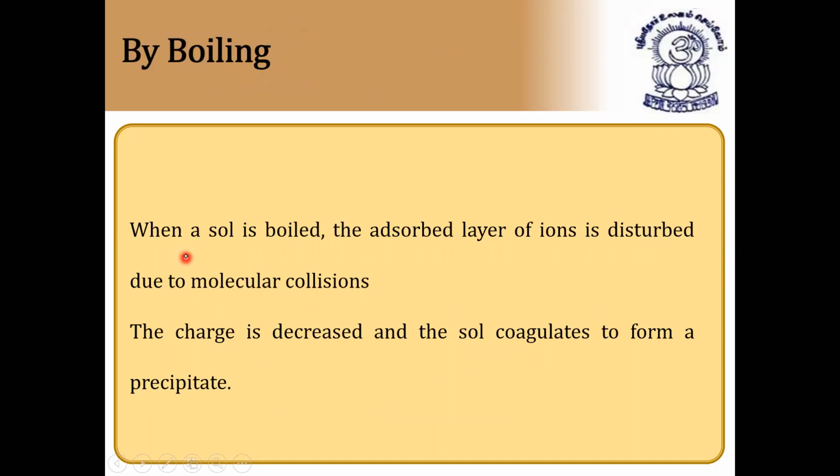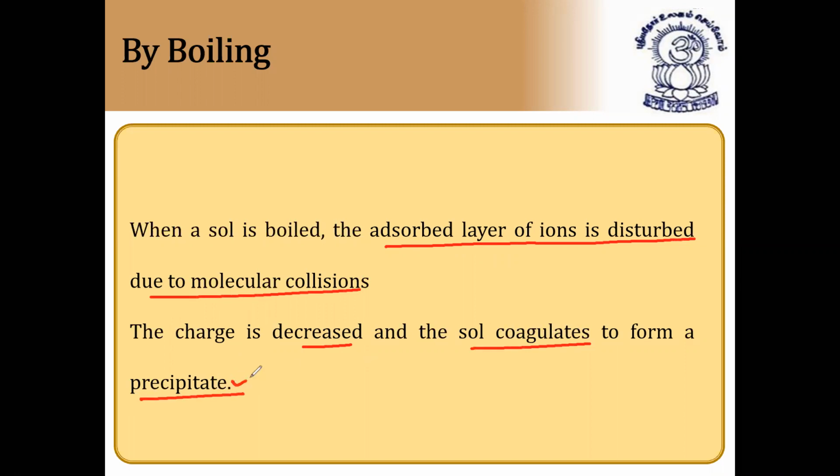Next, by boiling. When a salt is boiled, the adsorbed layer of ions is disturbed due to molecular collisions. The charge is decreased and the salt coagulates to form a precipitate. What is the motto of coagulation?